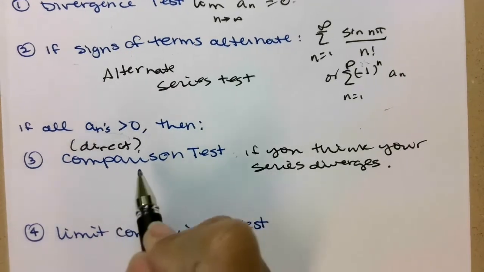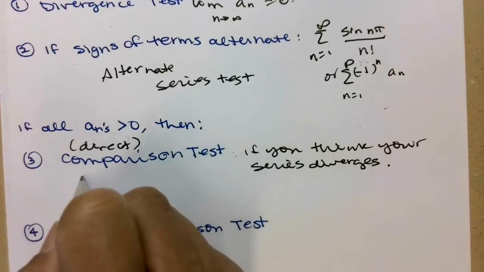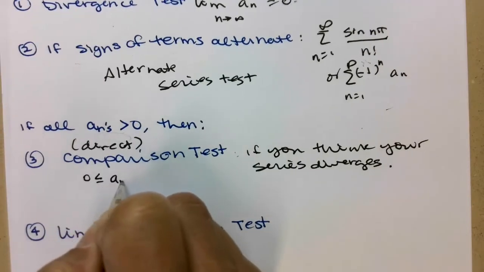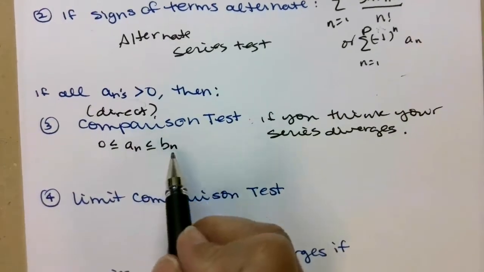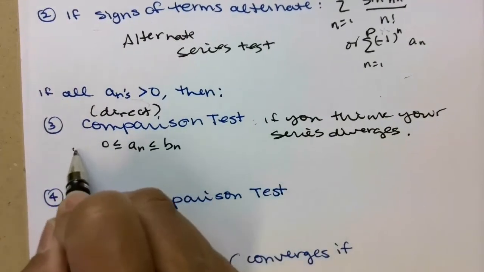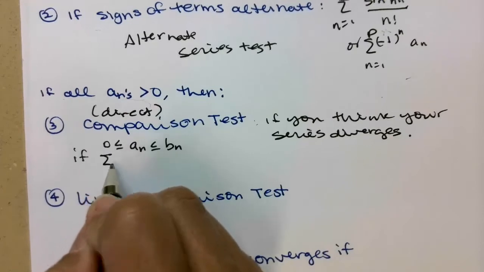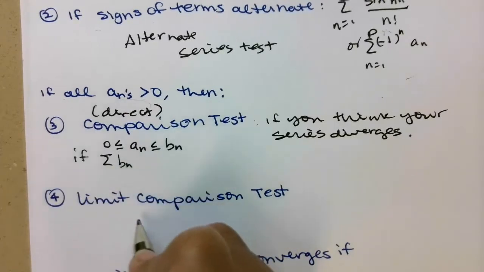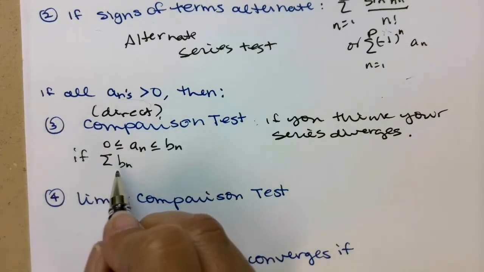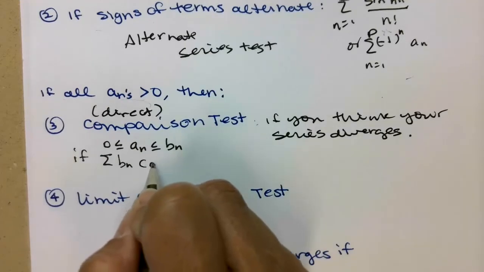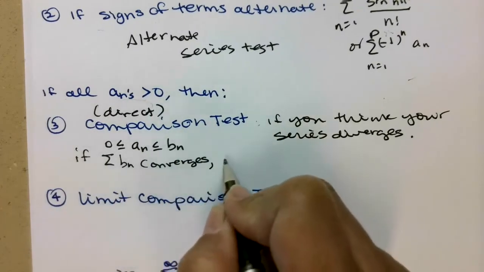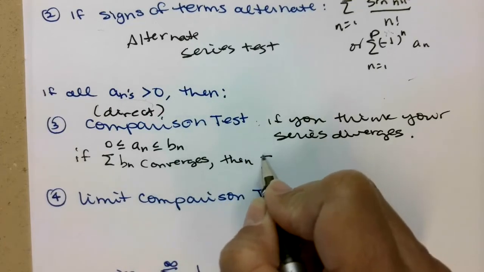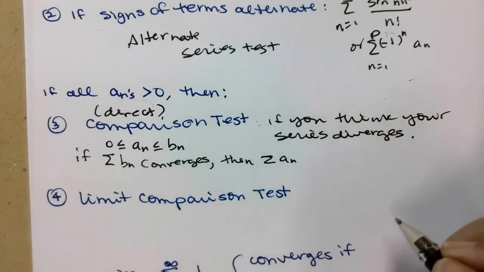The way the comparison test works is, say 0 is less than a sub n, which is less than b sub n. If we know that b sub n converges and it's always bigger than a sub n, then we will also know that a sub n converges.